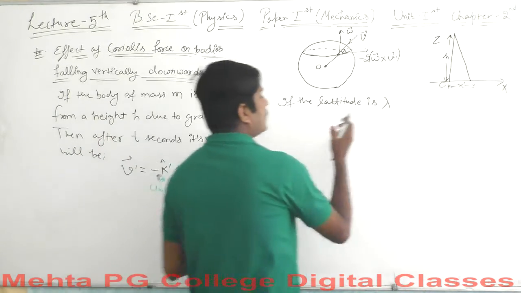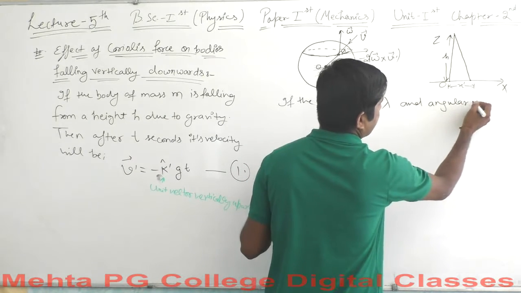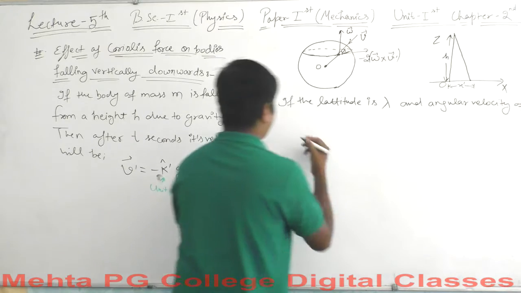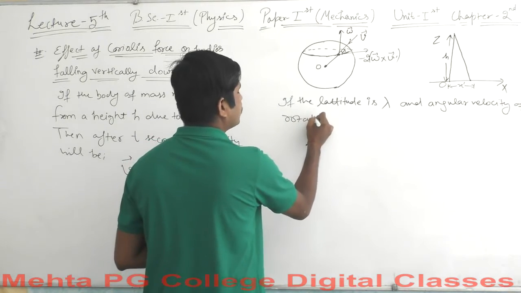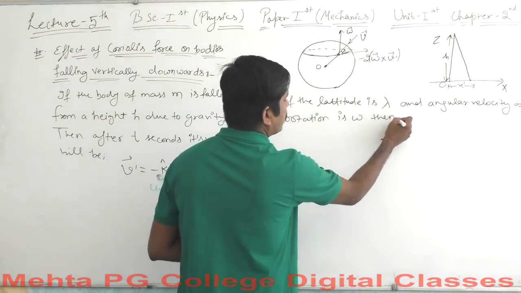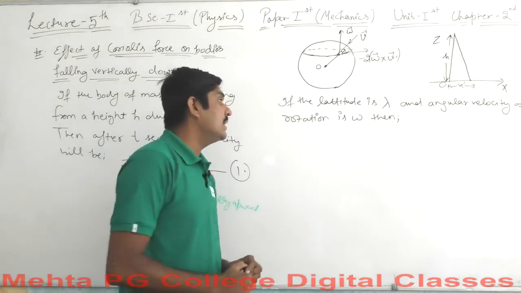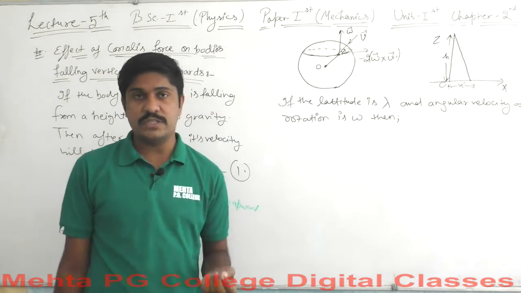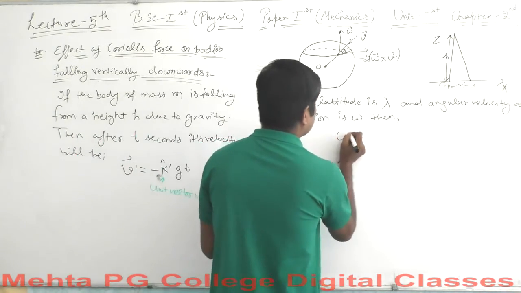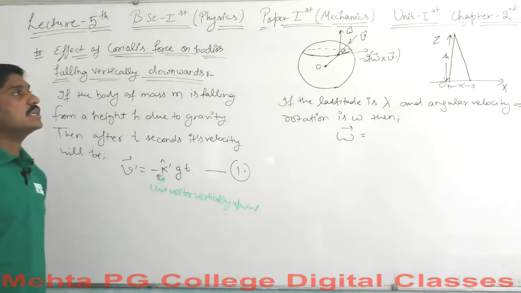If the latitude is lambda and the angular velocity of rotation is omega, then now we will use the expression for the Coriolis force, for which we talk about the angular velocity. Let's say this is the omega vector. The omega vector will have components associated with the directions.